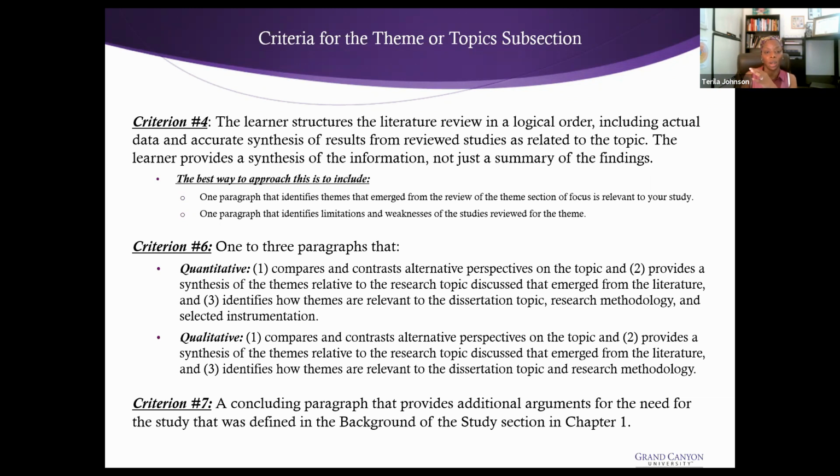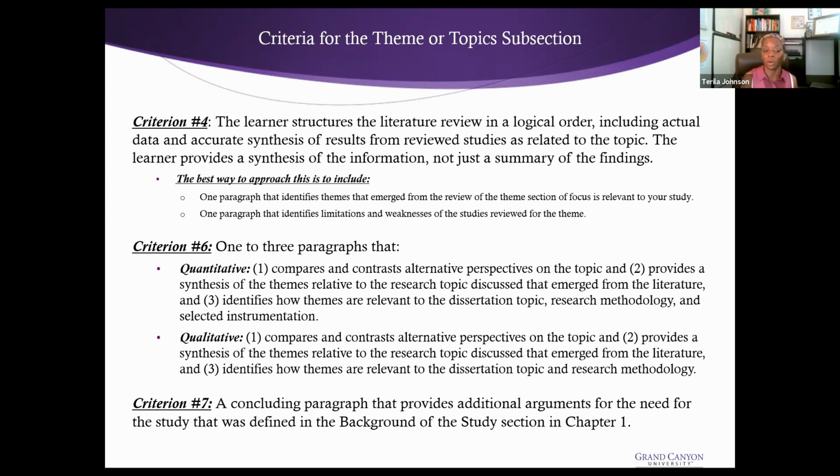Qual, you don't need to talk about selected instrumentation because we don't use instruments. For those that need clarity on what an instrument is, this could be a valid and reliable survey or something of that nature that's quantitative that has been used in literature before. For those that are qualitative, sources of data, interviews, focus groups, those are considered sources of data.